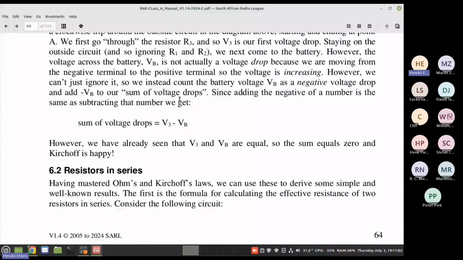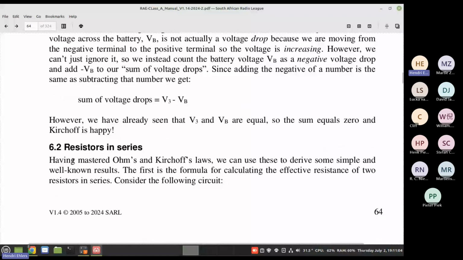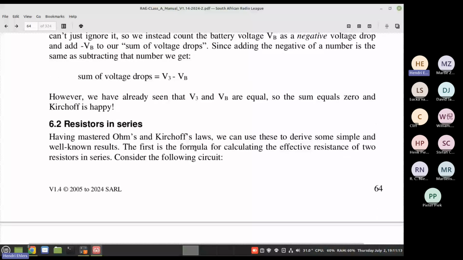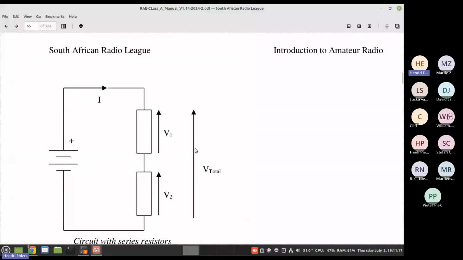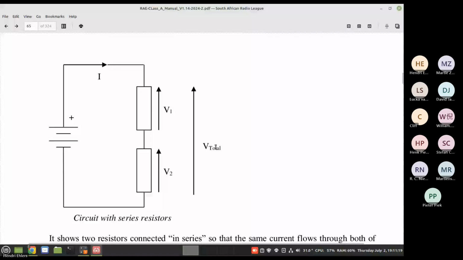Right, now we know what's going on in Ohm's law, and we sort of know what's going on with Kirchhoff's law. So now we're going to proceed to resistors in series. Resistors in series, you add together, and then resistors in parallel have a different calculation. And you've got to remember that.